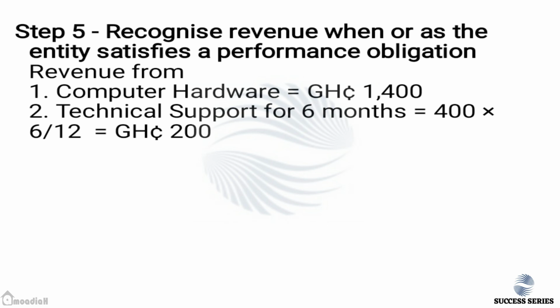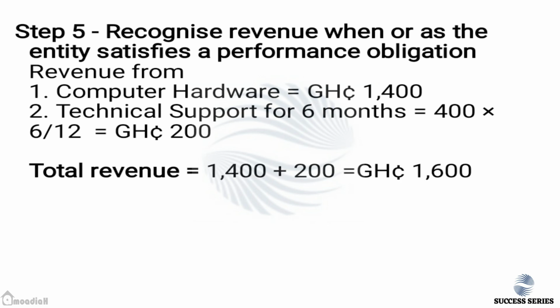Now we allocate this 400 for only 6 months. So it is 400 multiplied by 6/12, and this gives us 200 Ghana cedi. We then have to sum the values up. We sum the revenue from the computer hardware and that of the technical support. So 1,400 plus 200 finally gives us 1,600 Ghana cedi. Thank you.